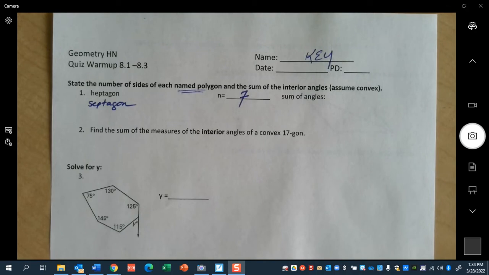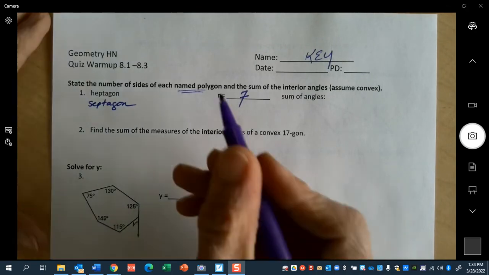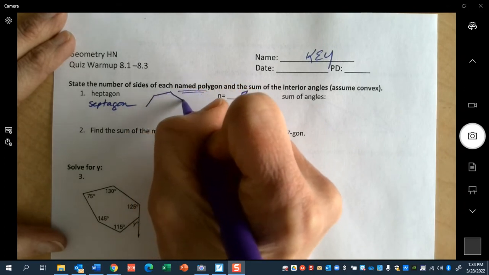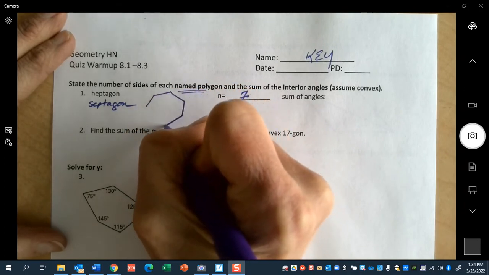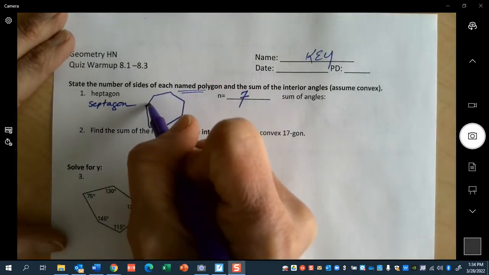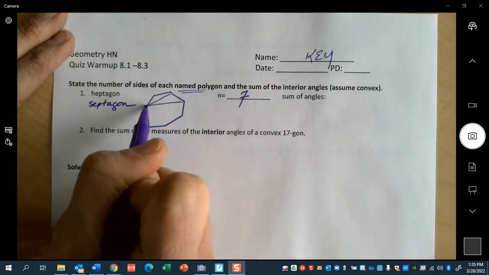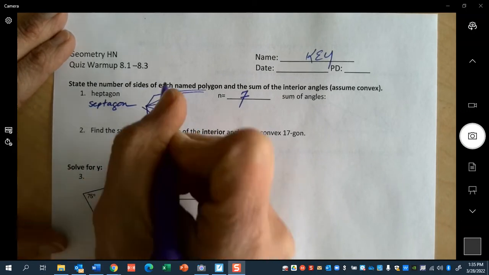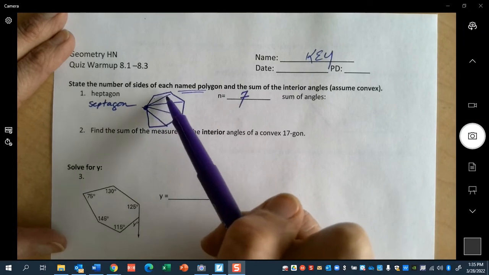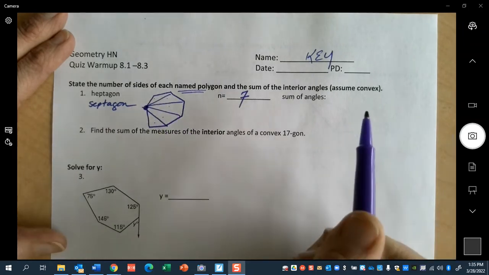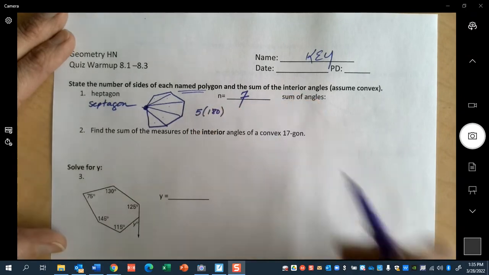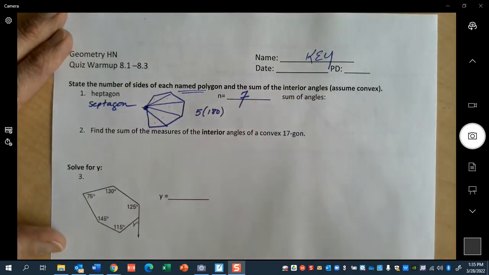Heptagon, septagon, 7 sides. So if I were to draw a 7-sided figure, 1, 2, 3, 4, 5, 6, 7. If I were to draw a diagonal from each vertex, then I can recognize that the shape can be divided up into 1, 2, 3, 4, 5 triangles. Each triangle carries with it 180 interior angle degrees.